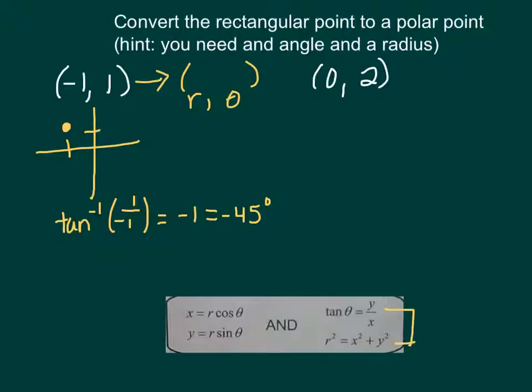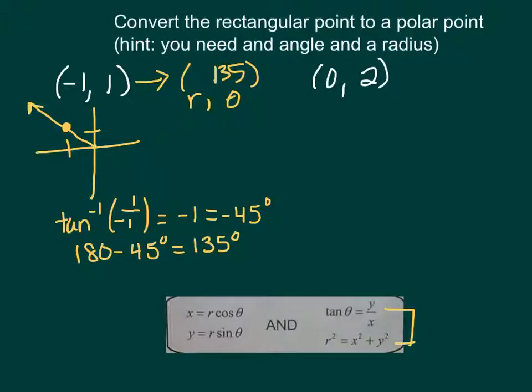Remember, that is a reference angle from the x-axis. So my angle is 180 minus 45 degrees, which is 135 degrees. So my angle right there is 135.